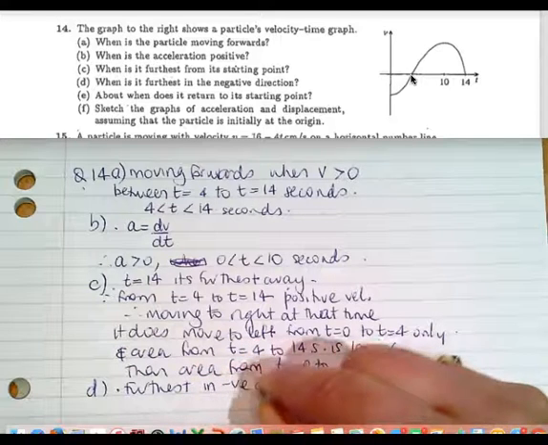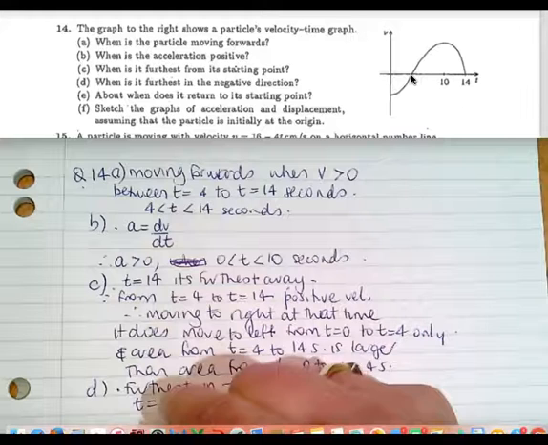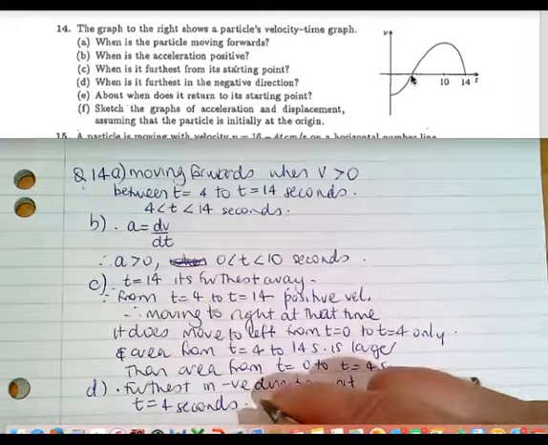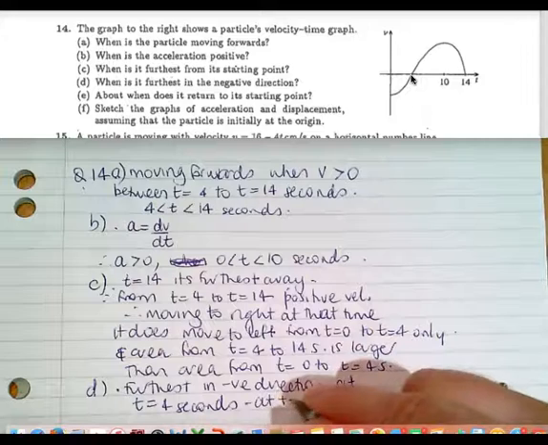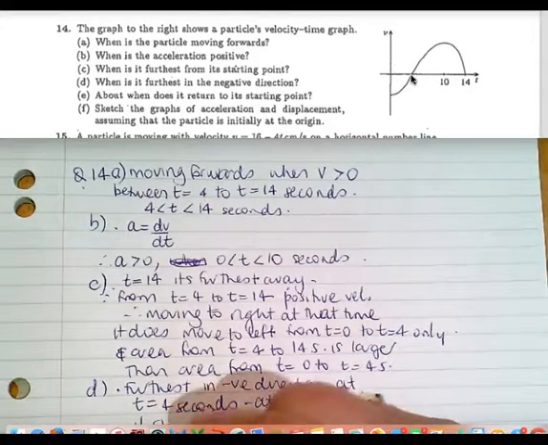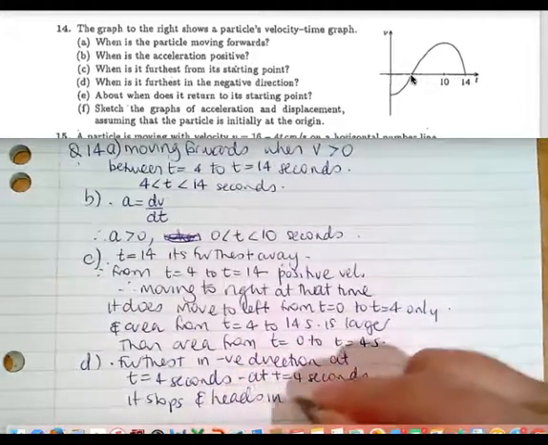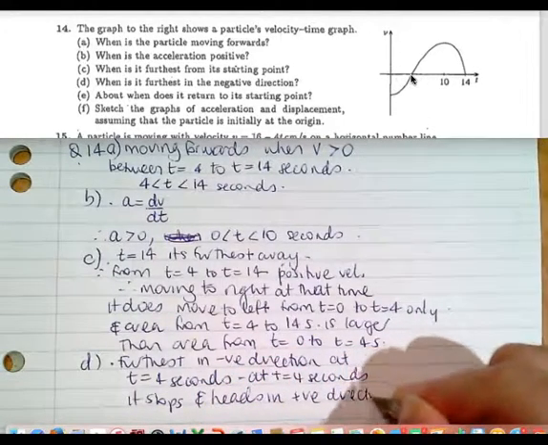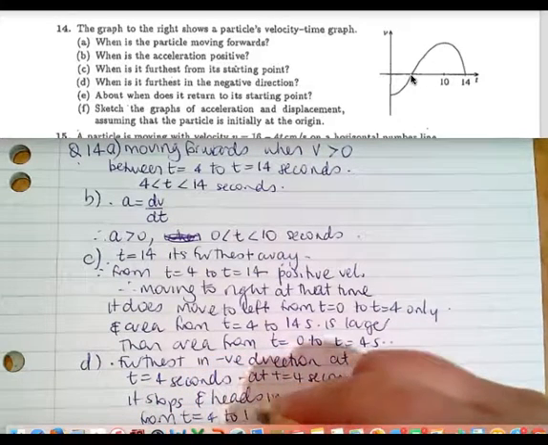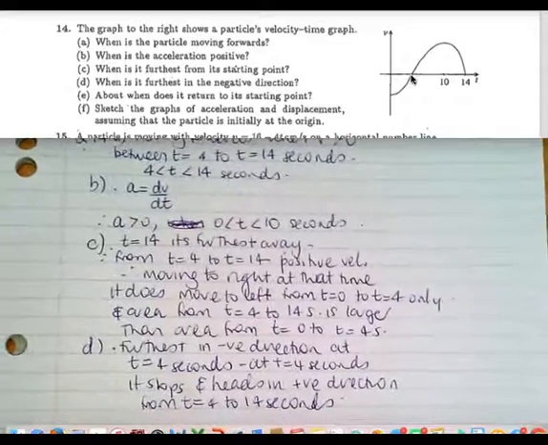Furthest in the negative direction at t equals 4 seconds, because at t equals 4 seconds it stops and heads in the positive direction after that, from t equals 4 to 14 seconds, okay? So it's at t equals 4.